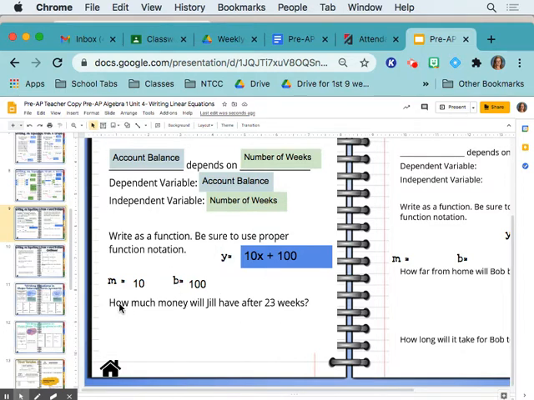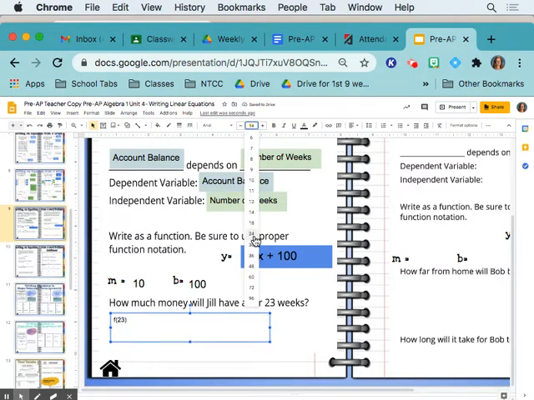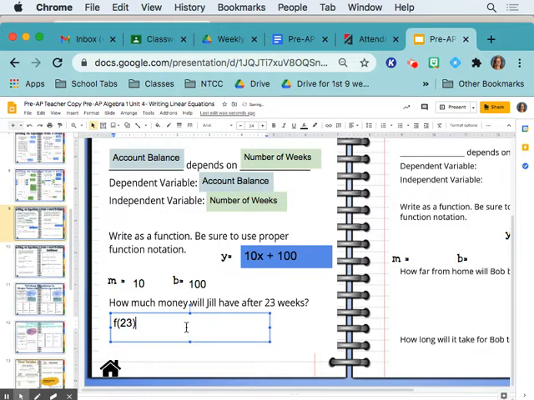So how can we find out how much money she'll have after 23 weeks? Multiply 10 times 23 and then add the 100. Let's do f of x. Let's write it as f of 23 because that's your function notation. Because x is 23, the number of weeks.